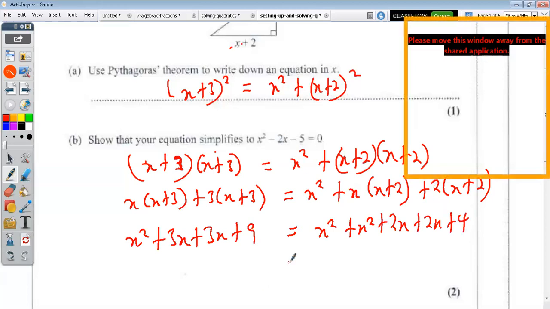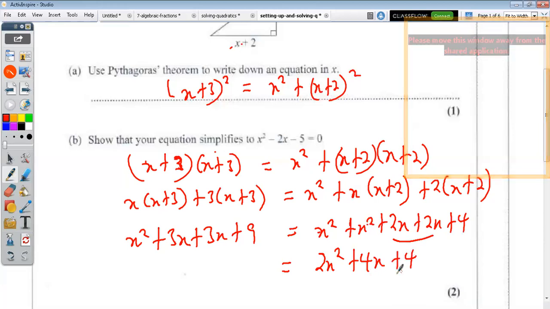Making sense? x squared plus x squared is 2x squared. 2x plus 2x is plus 4x. Then plus 4. x squared, add this, plus 6x plus 9.